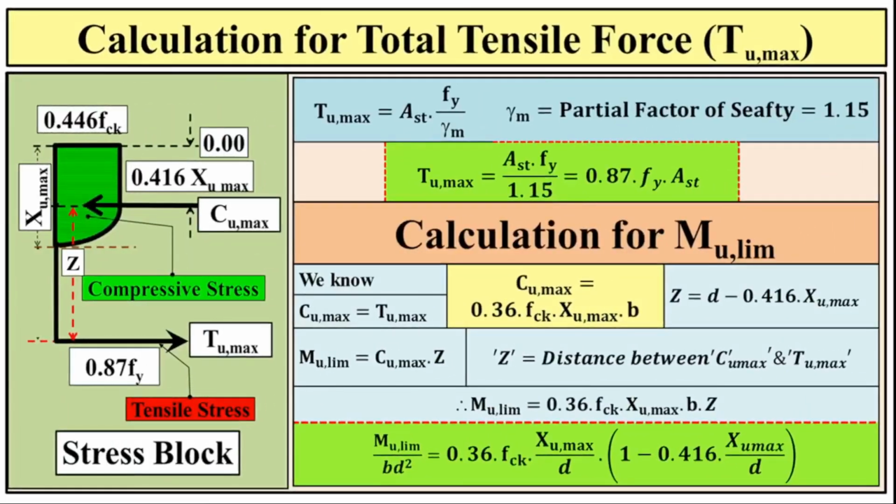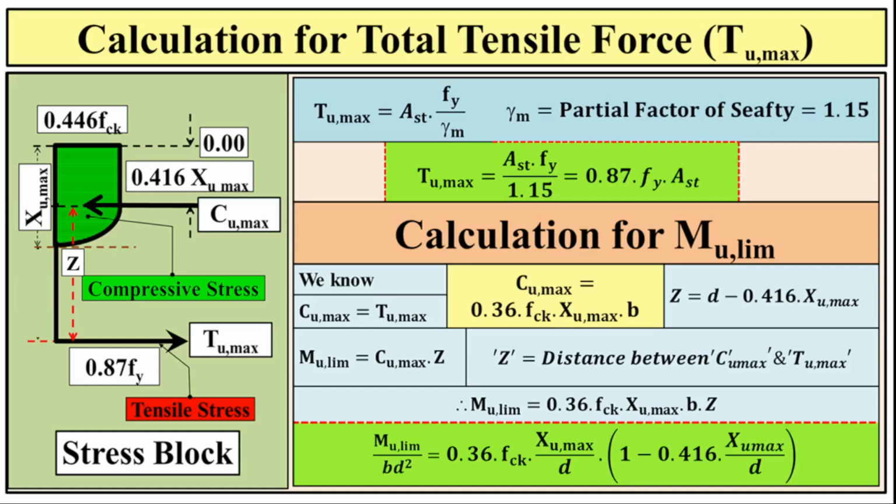This slide details the calculations for the maximum tensile force, denoted as Tu max, and the limiting moment of resistance, denoted as Mu lim. First, let's examine the calculation of the maximum tensile force, Tu max.